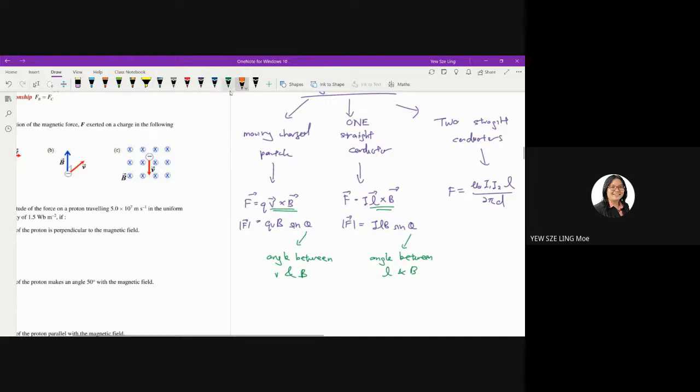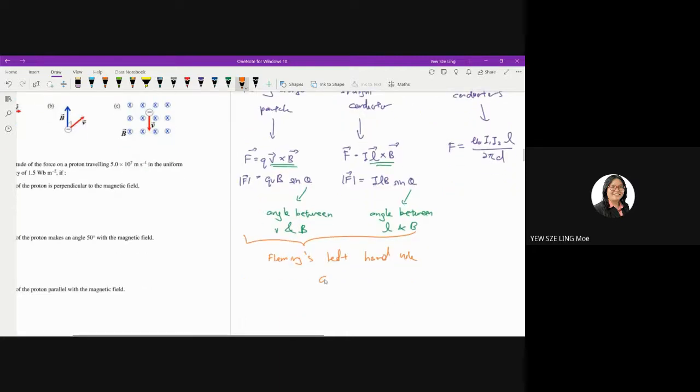When it comes to a moving charged particle and one straight conductor, you can straight away determine the direction by using either Fleming's left-hand rule or the right-hand grip rule. It is totally up to you which one to use. Dalam kelas saya tak paksa Anda mesti ikut cara saya.